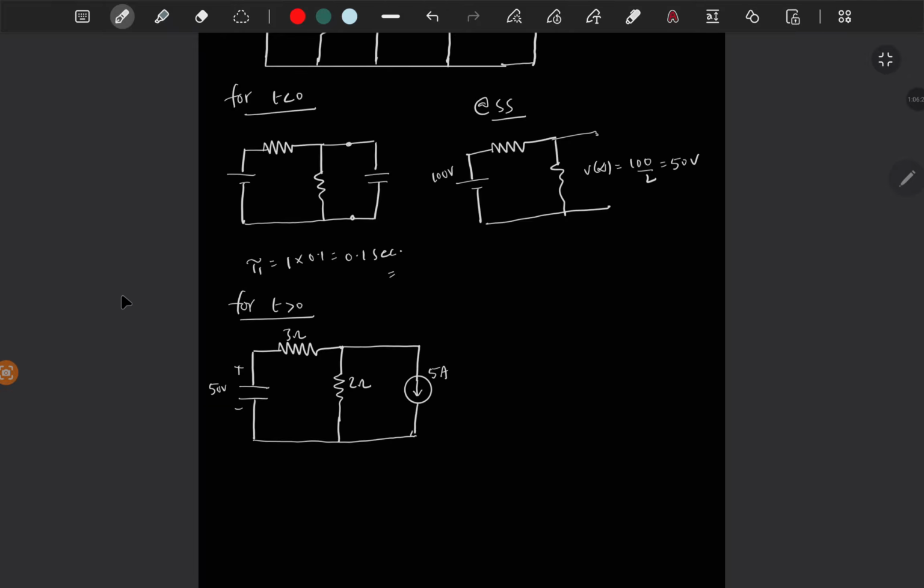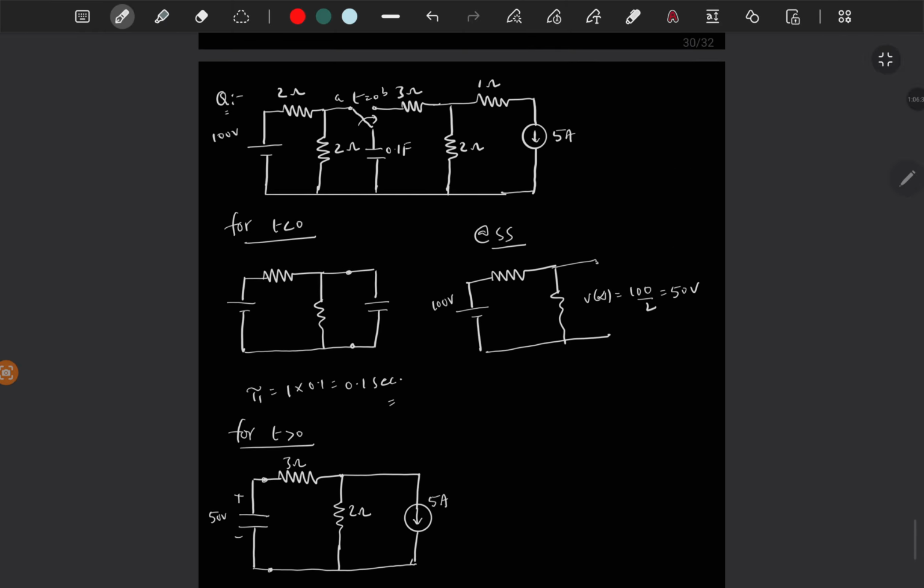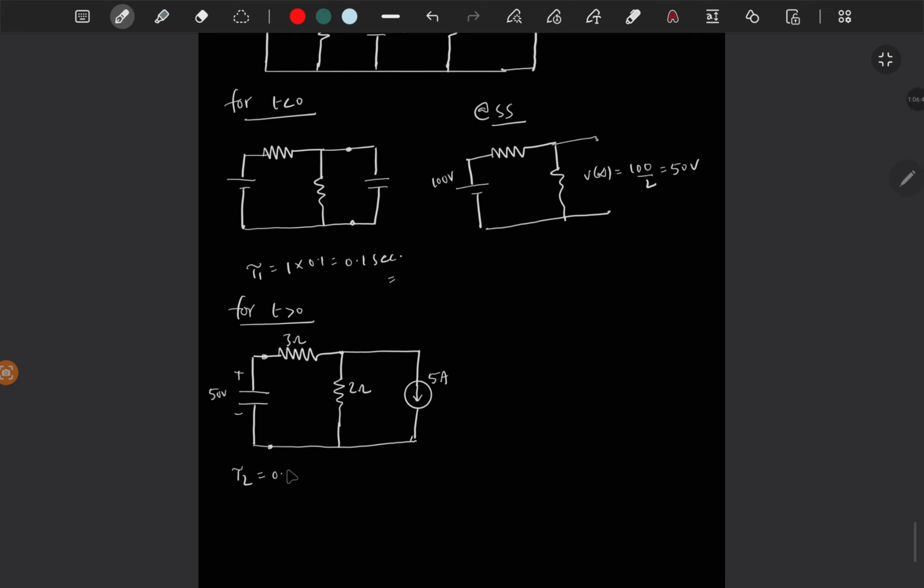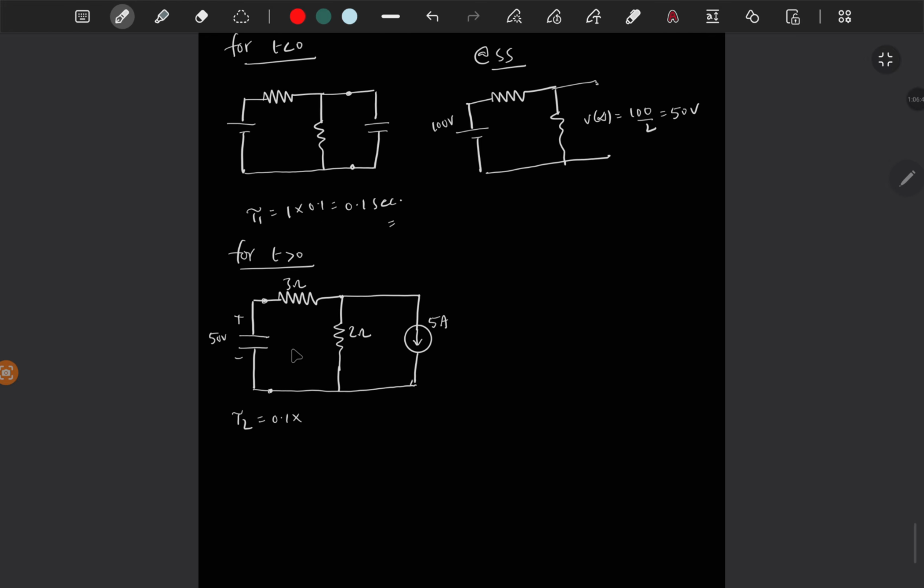So for t greater than 0, the time constant is from these two terminals. So the cap value is 0.1, and R equivalent is, you open circuit this current source, then these two are in series, which is 5, which is 0.5 seconds.